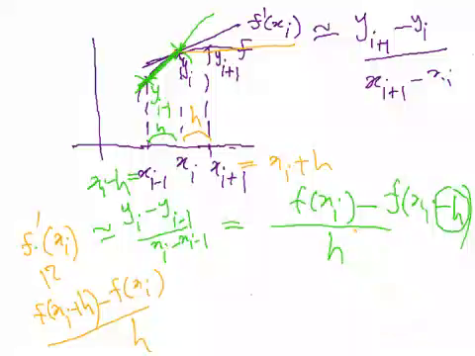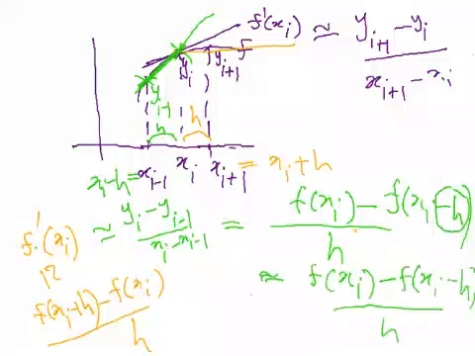Or you can leave it as this one, which is also good. I think you understand this concept. In this case h is a positive quantity, so when you put a negative sign here, using this point and the point behind, you can write another approximation to this f prime.